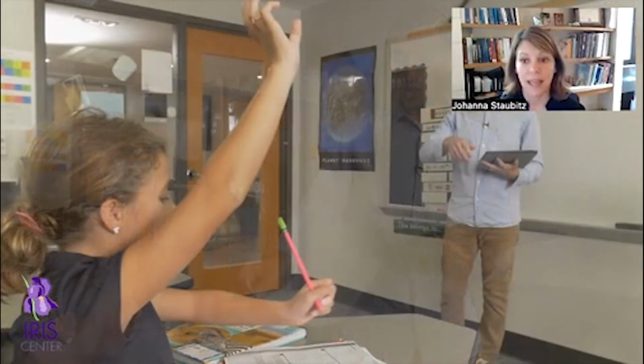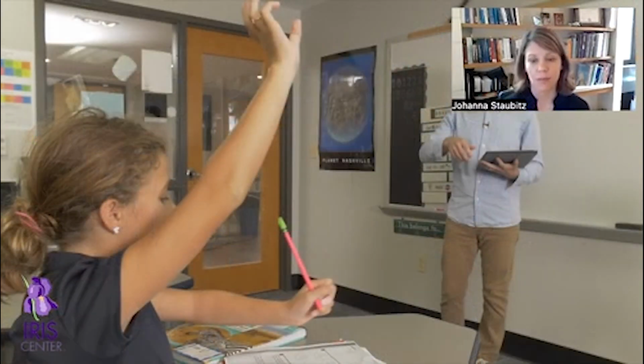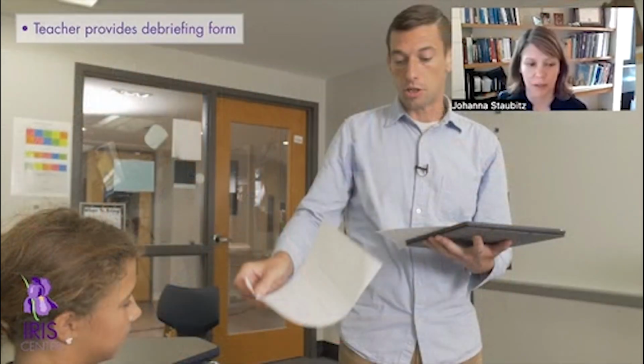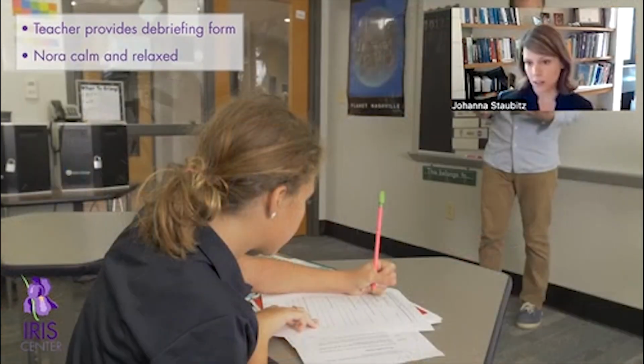Now that Nora has been reintegrated with the class and has engaged with the instructional activity, the math review sheet, and has finished with that, Mr. Santini asks her to complete a debriefing form. And this form is really important and should be completed during this de-escalation stage where the student's behavior is looking calm, relatively relaxed, no signs of re-escalation.